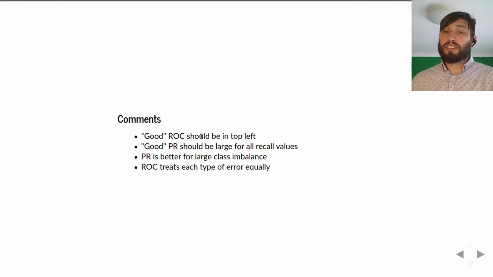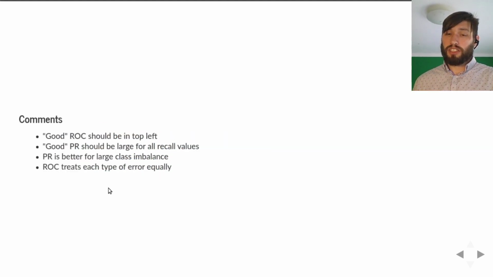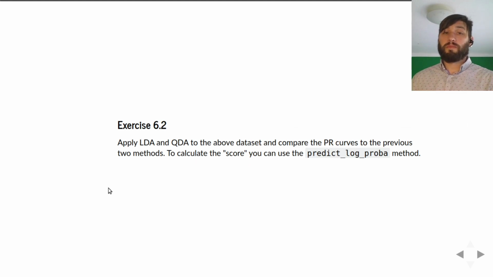That's because with large class imbalance, we typically don't think that it's great that you did a good job of predicting zeros, because a lot of times you can do very well just by only predicting zero. So that's something to be aware of. And like I said before, ROC sort of treats the zeros and the ones equally in some sense. Each type of error is given its equal weight.